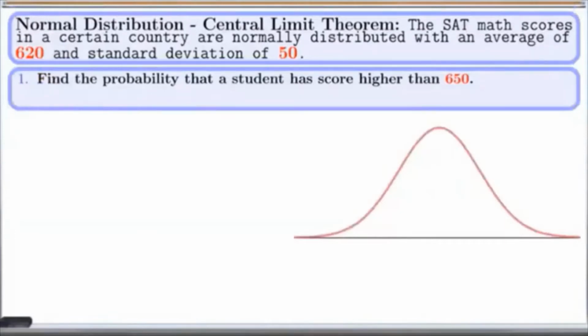Let's look at the very first problem. Here, we are supposed to find the probability that a student has a score higher than 650. Let's make the graph for the given scenario. We are given a bell curve here. So we know the mean is right here in the middle, which is 620.